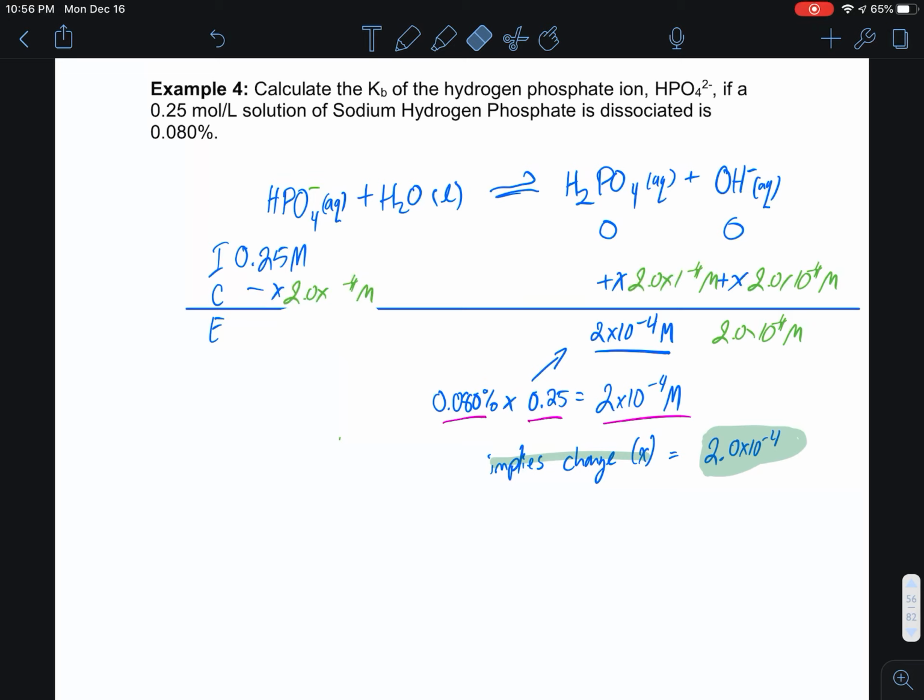Now that you have the percent dissociation, you can figure out how much is left of your original value. So you can subtract this 2 times 10 to the negative 4, and that will leave you with your new concentration. So this is the new concentration of your starting material, your HPO4.